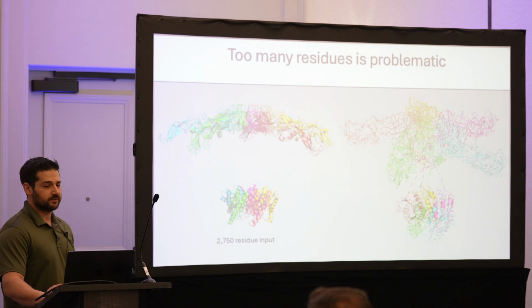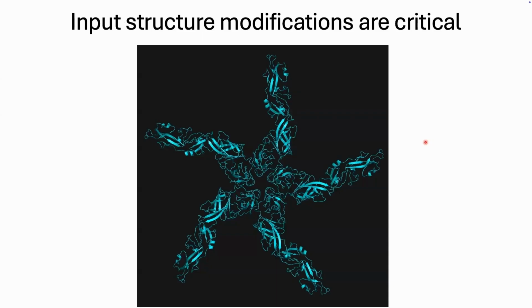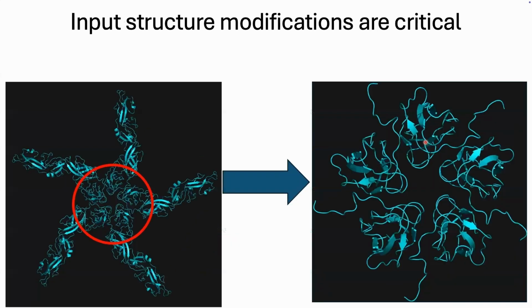To get around this, you are able to modify your input structures, and you want to do this in a way where you consider what's important. For me, generating something around a C5 axis of symmetry, I could just draw a red circle and cut away everything else. That left just this structure right here.